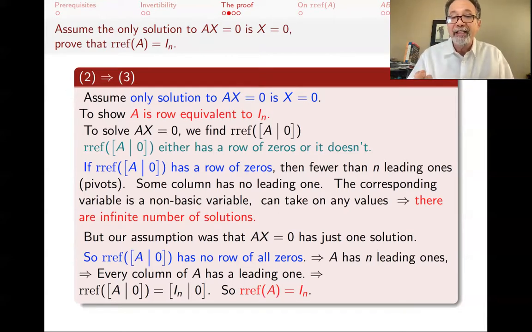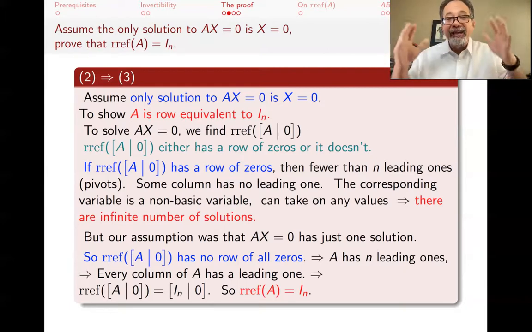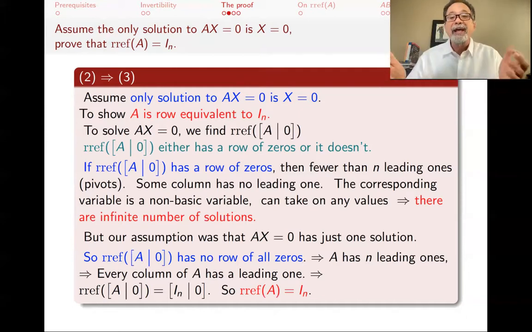If you start with AX equals 0 and you know that the solution is just 0, it must have been that when you were solving it and you reduced it, you got identity on this side. If you got anything else, you would have had an infinite number of solutions. You can't have 0 solutions because this is a homogeneous system, and x equals 0 is always a solution. So that was proving that 2 implies 3.